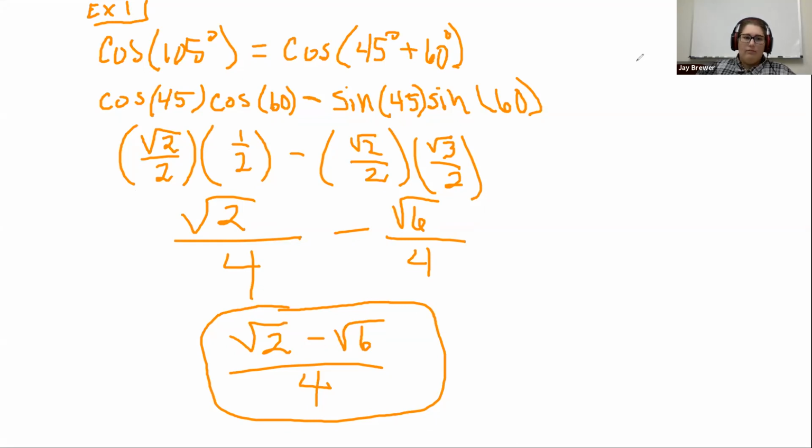Now that you have that equation, we are going to go through problem number 2. So example 2. I'm actually going to give you the statement so we don't have to go back into the PowerPoint just yet. So they want you to find the cosine of 5 pi over 12.